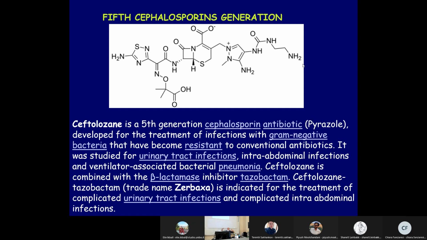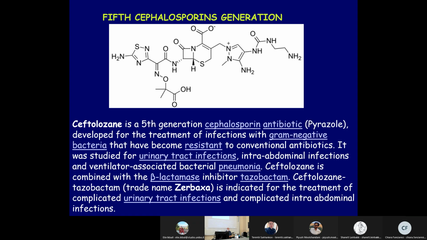a very big leaving group with a lot of basic nitrogen atoms. This means that the scientists increased a lot the hydrophilicity of this compound, because you can see different amino groups on this structure.